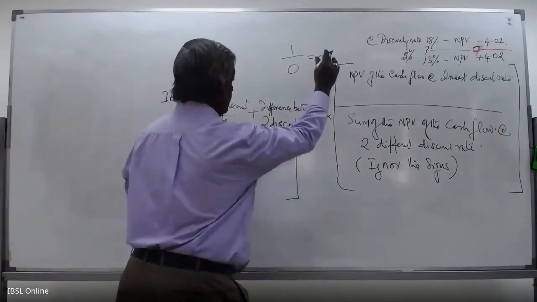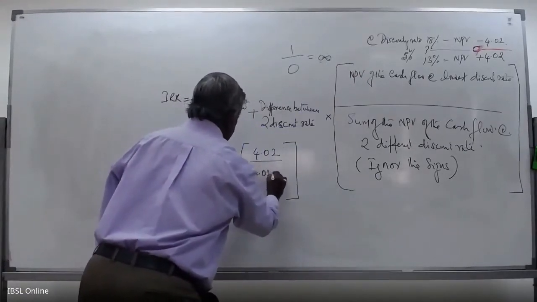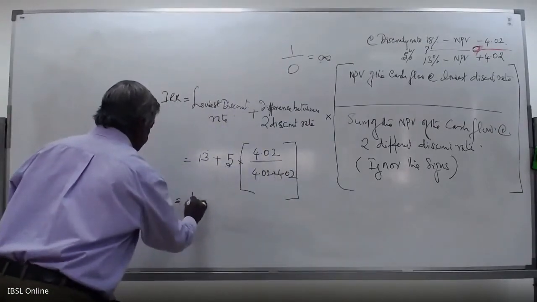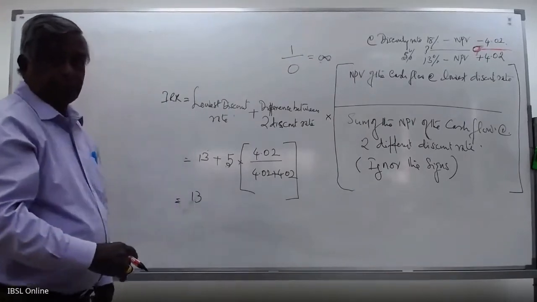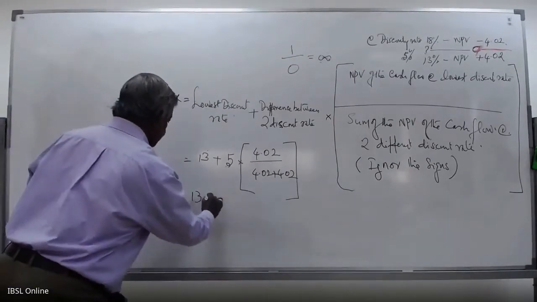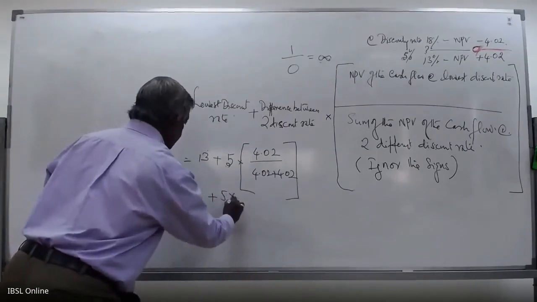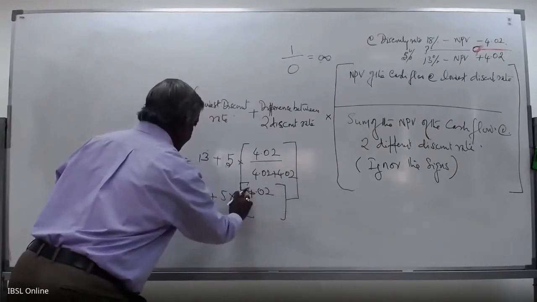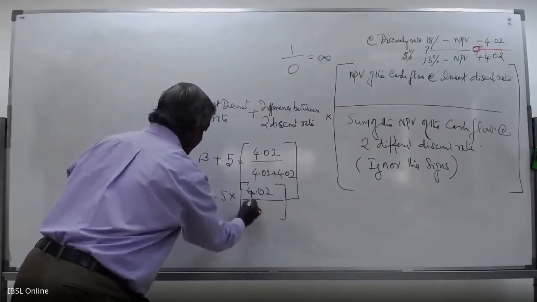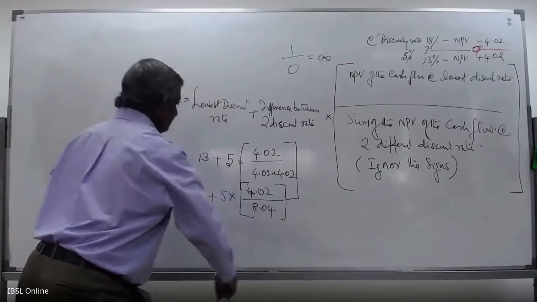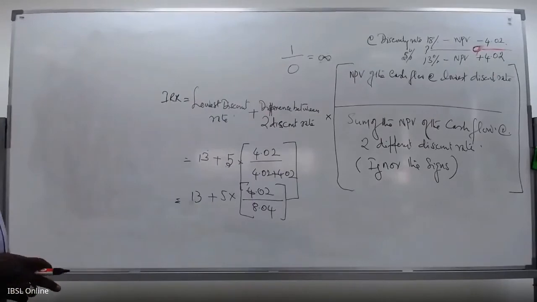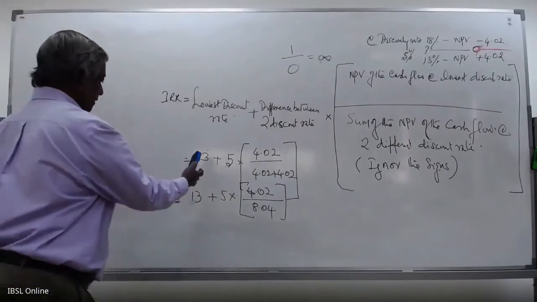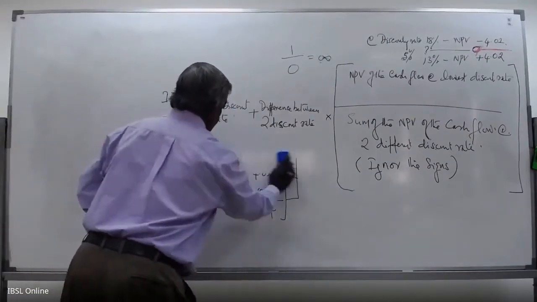So the IRR is equal to 13 plus 5 into 4.02 divided by 4.02 plus 4.02, that is 8.04.